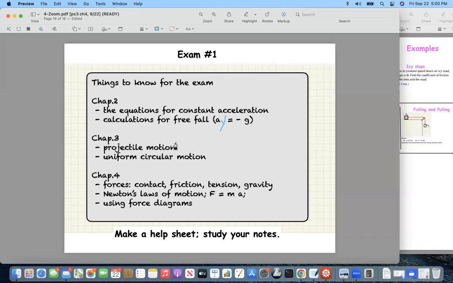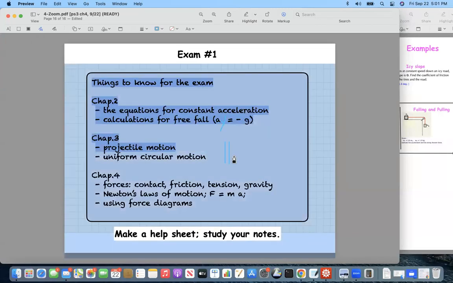So you should expect to see at least one problem on projectile motion, maybe one problem on circular motion. You need to have the equations for those problems. You remember projectile motion had 3 equations. Well, you have to have those written down on your help sheet.